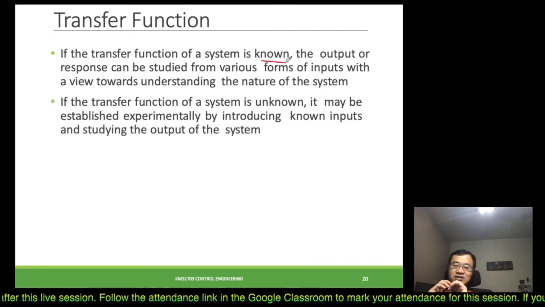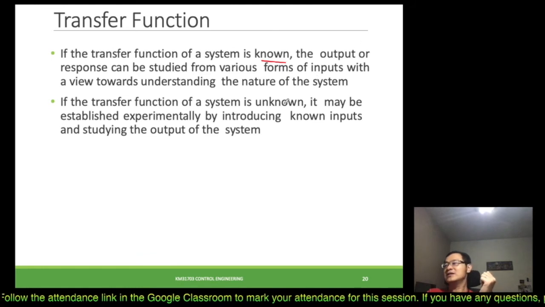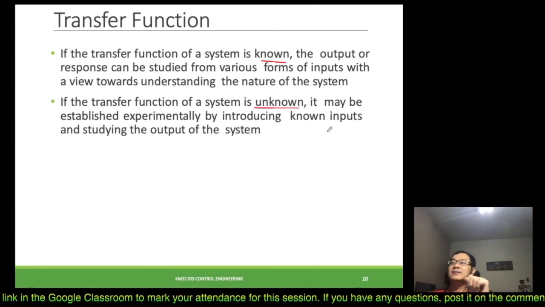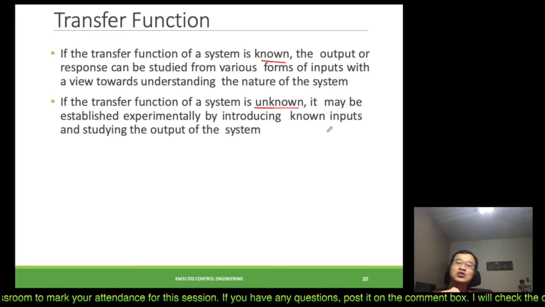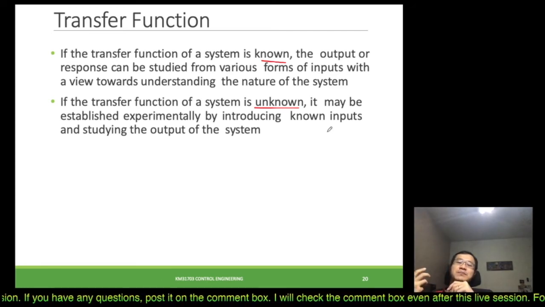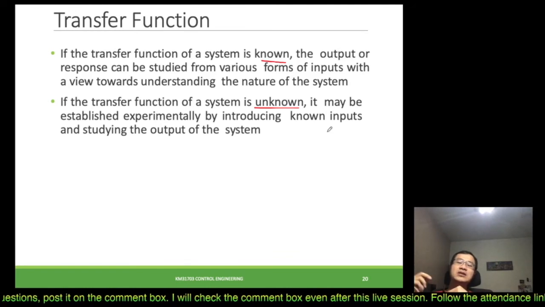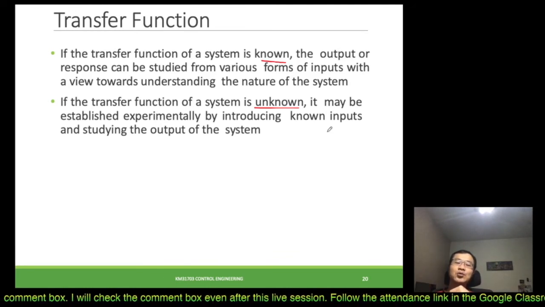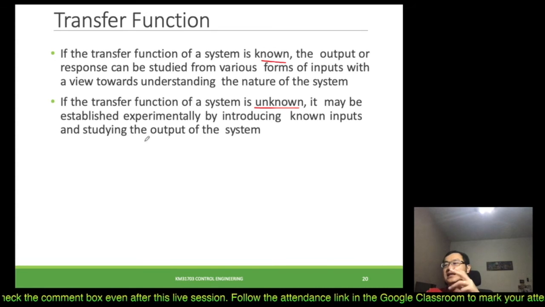If the transfer function is unknown, then it may need to be established or studied through experiments, by introducing all these known inputs and studying what the output is.